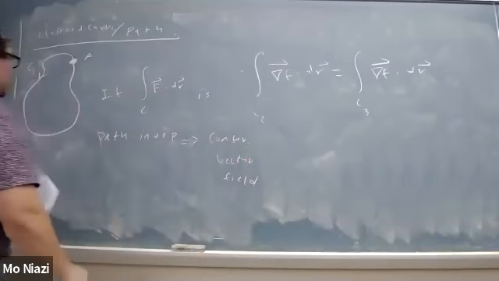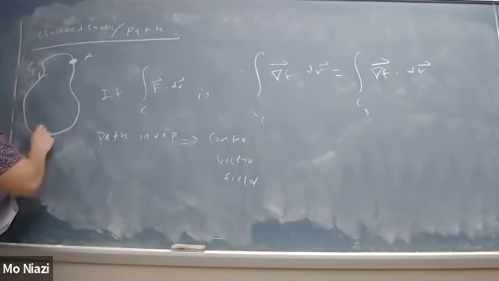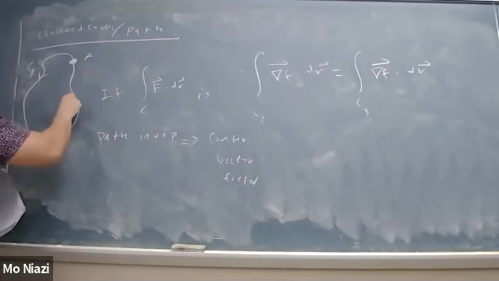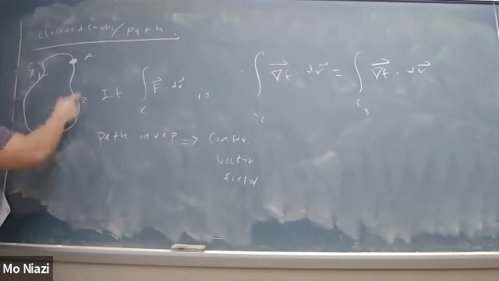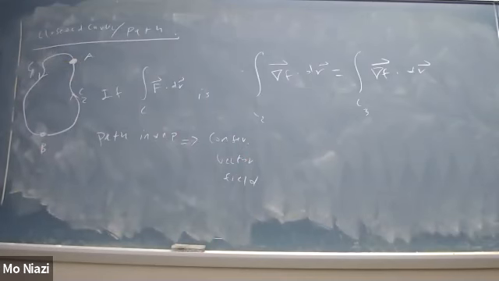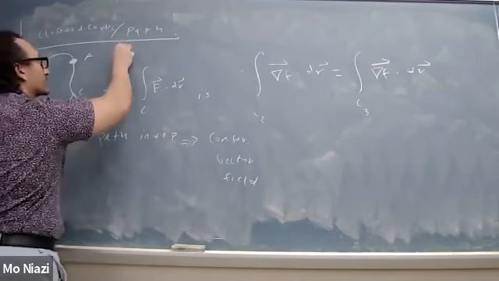So, meaning this curve can be modified to going like some C1 to here and some C2 here. So we broke up C into C1 and C2, okay? But it doesn't matter because C1 then C2 is the same thing as C.